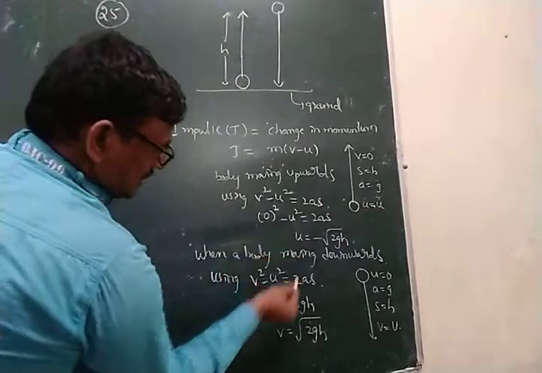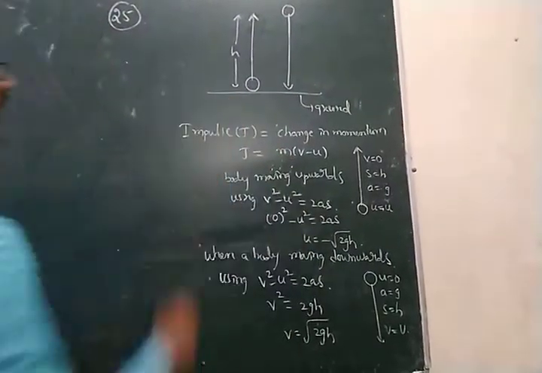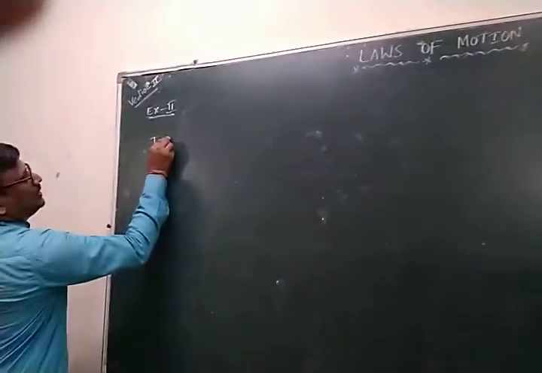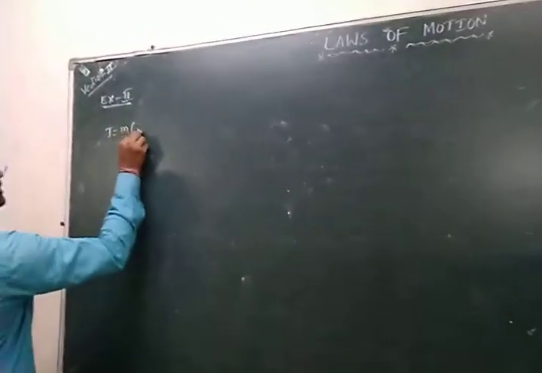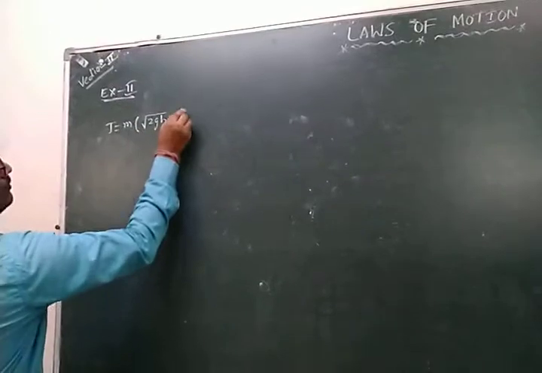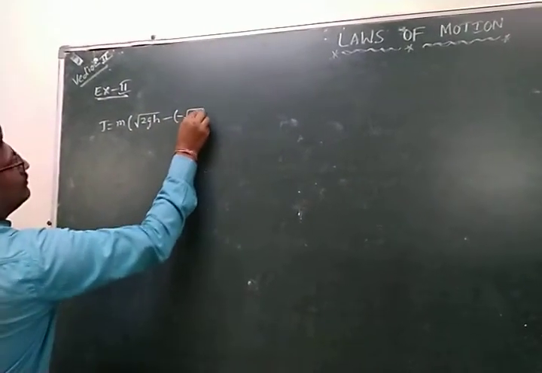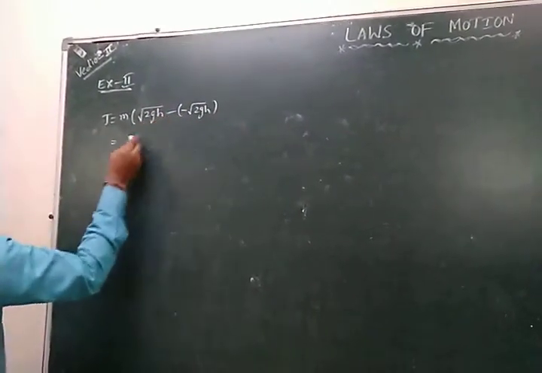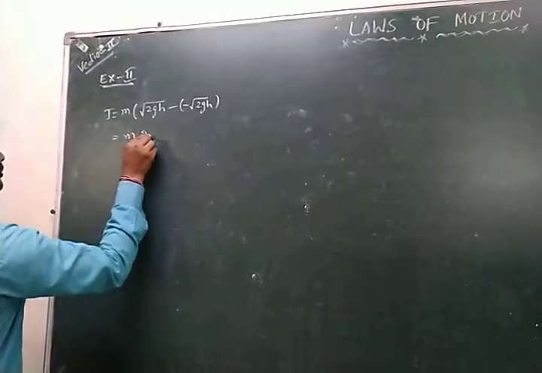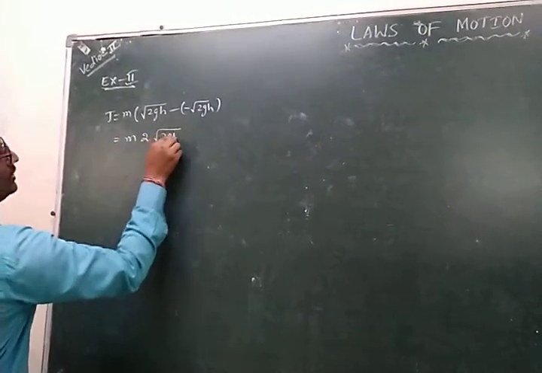Substituting the initial velocity and final velocity in the impulse J is equal to M into (V minus U), it is M into (under root of 2gh minus minus under root of 2gh), that is equal to M into 2 under root of 2gh.